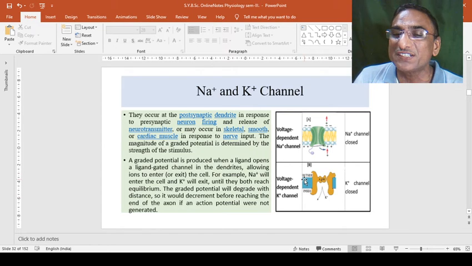This is the inside and this is the outside. Negatively charged ions and positively charged ions are inside.